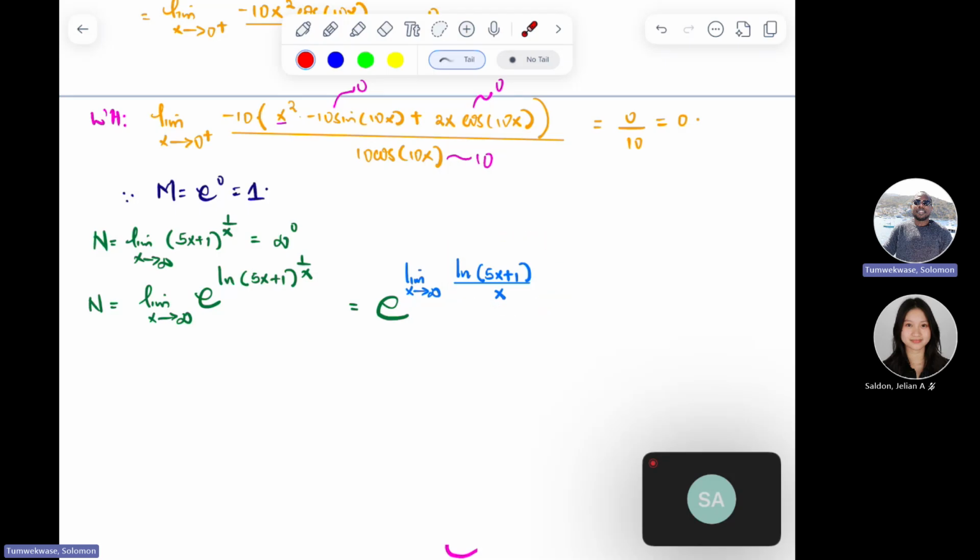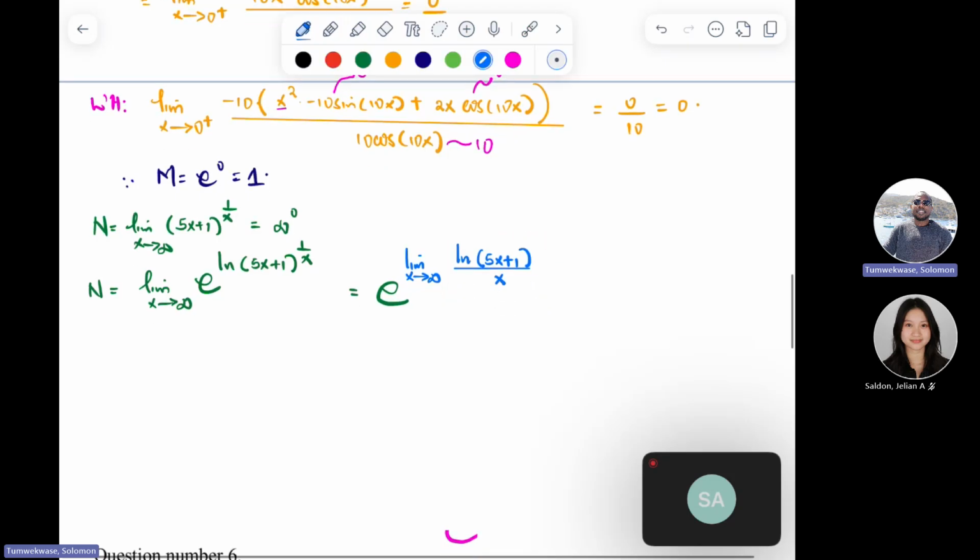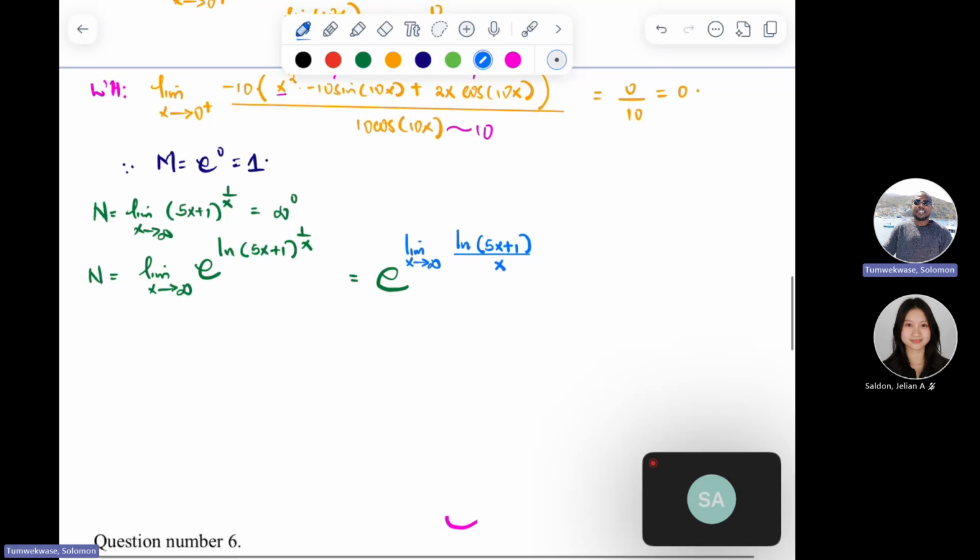Now, let's first work on that guy in blue once again. I have the limit as x approaches infinity of natural log of 5x plus 1, then over x. And when I do that, I see that I have infinity over infinity. So I will need to do L'Hopital's rule.